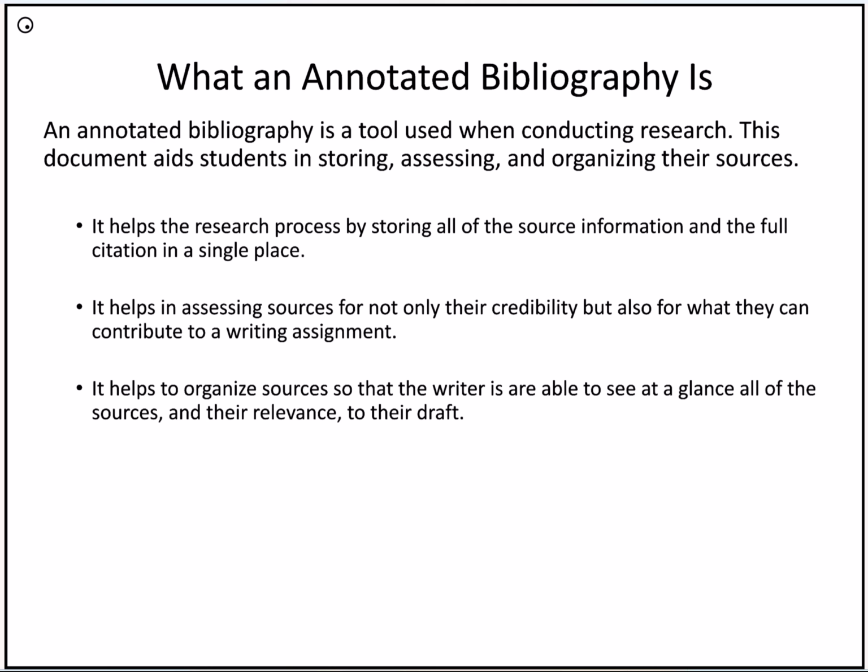So an annotated bibliography is conducting research ahead of time of your paper that you're going to be writing, and listing all of the source information and discussing them in some short paragraphs, and then talking about how they all work together.